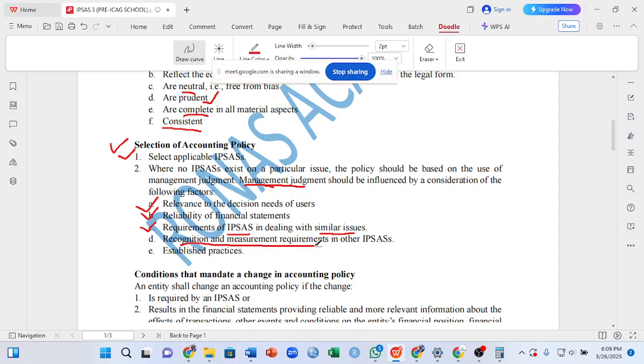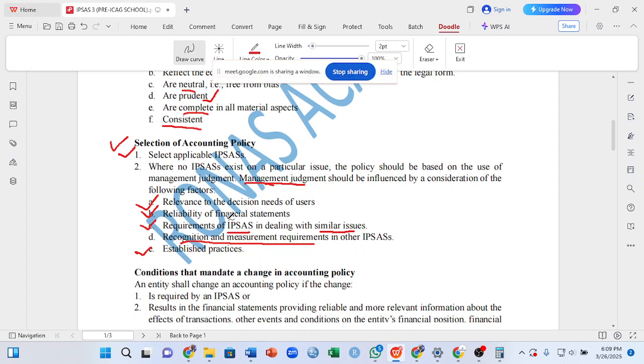If you have any standard which still relates to it, you can fall on it. And then the last one is, if you're in an industry, you may have a way you go about it. You have a way you undertake your activities. So if you have an established practice in that particular industry, make sure you rely on that established practice. So these are the selection of accounting policy, what you do.